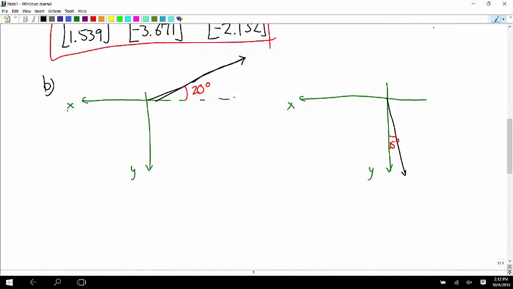So for the first one, start at the positive x-axis, which is over here now, and go counterclockwise to get to the vector. So 90, 180, plus 20, that's 200 degrees.